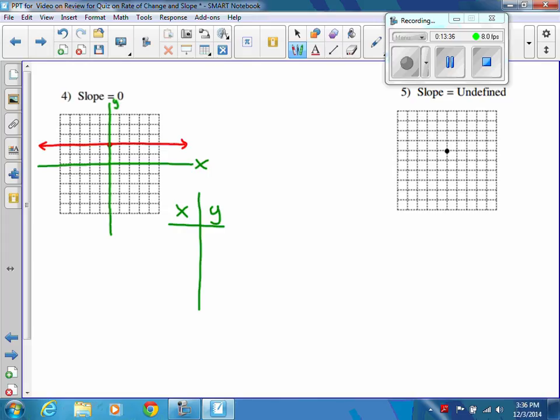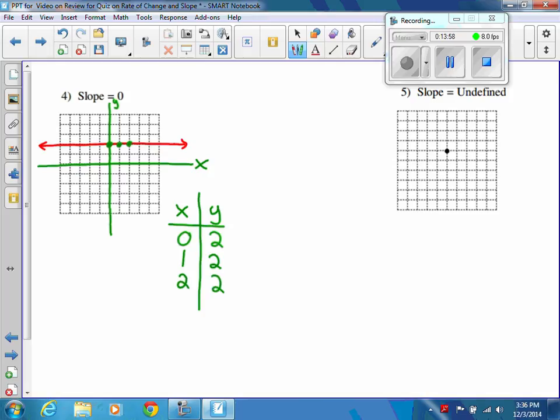For this point right here, my x is 0 and my y is 2. For this point, my x is 1, my y is 2. For this point, my x is 2 and my y is 2.